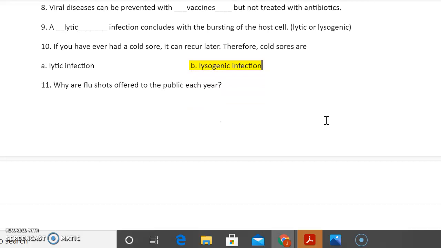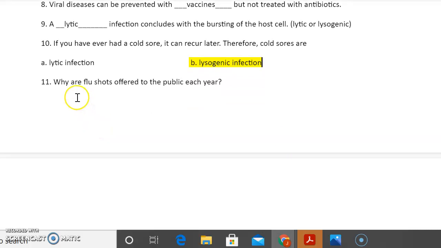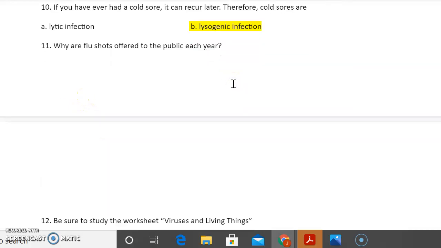Number 11, why are flu shots offered to the public each year? Because the flu virus mutates rapidly. So the one we get the shot for this year will have changed by next year.